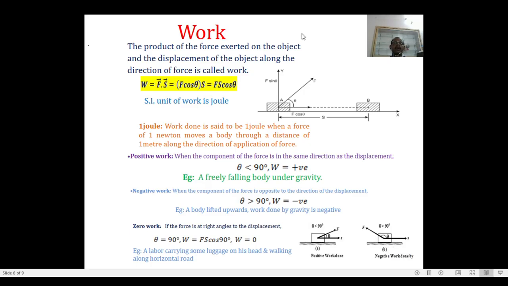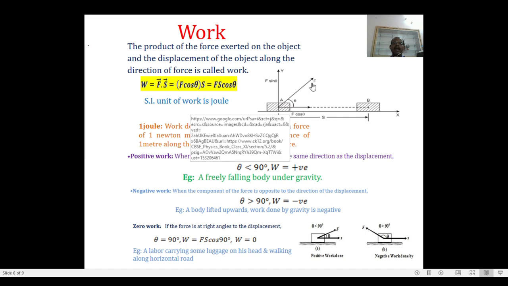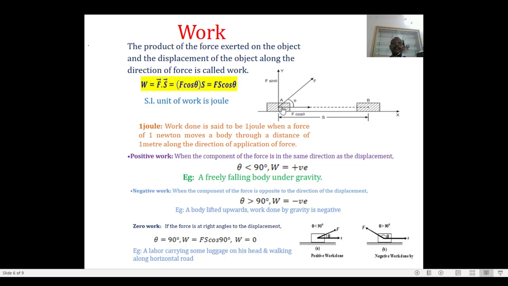Work. Work is defined like this: the product of the force exerted on the object and the displacement of the object along the direction of the force is called work. Suppose force F acting at an angle theta with x direction makes the displacement of the block through displacement S. The horizontal component of force is F cos theta, vertical component of force is F sin theta.